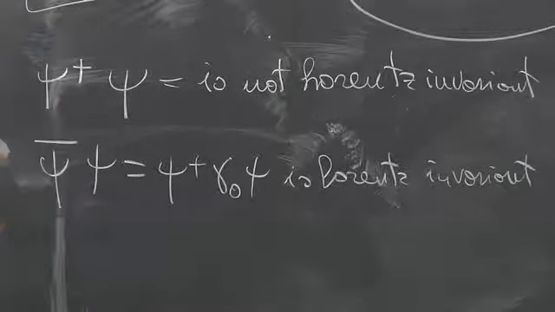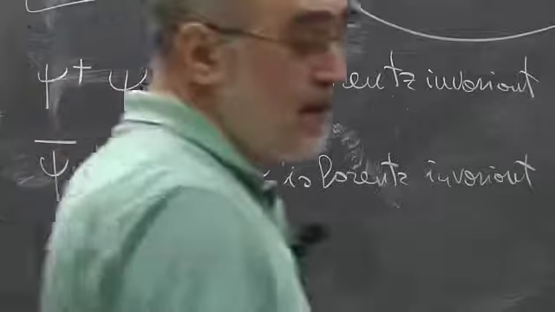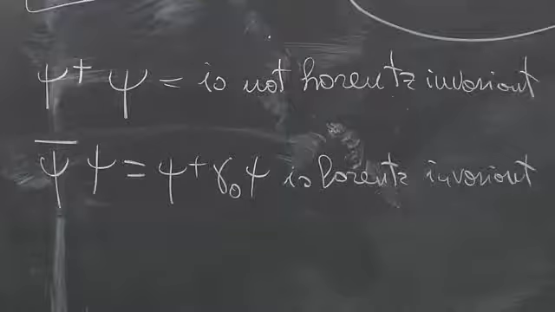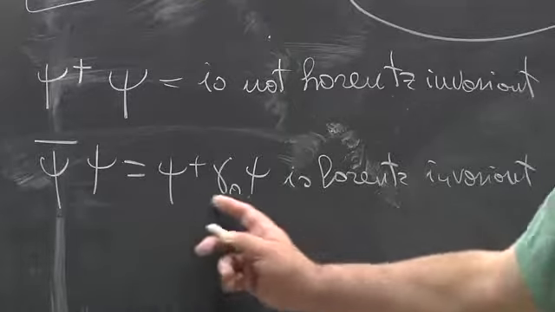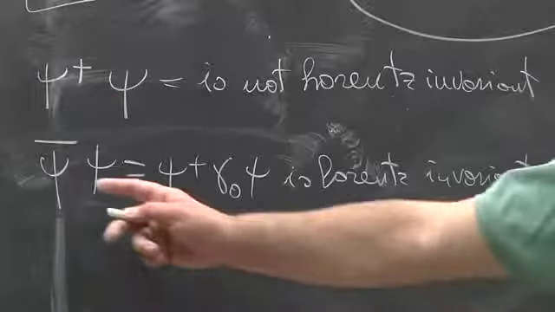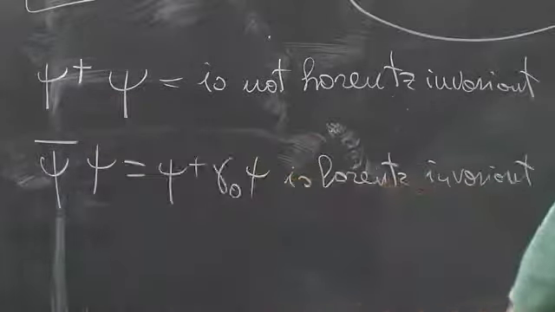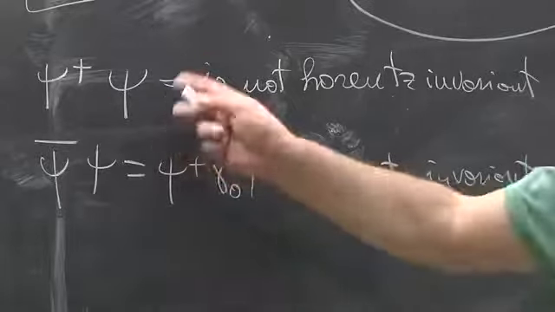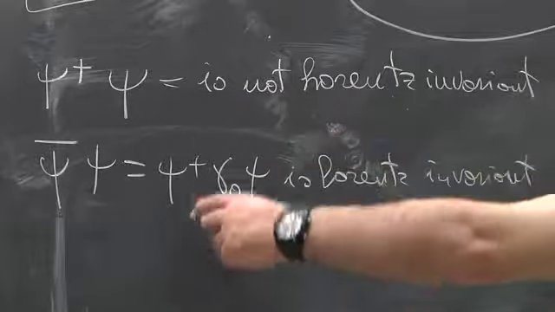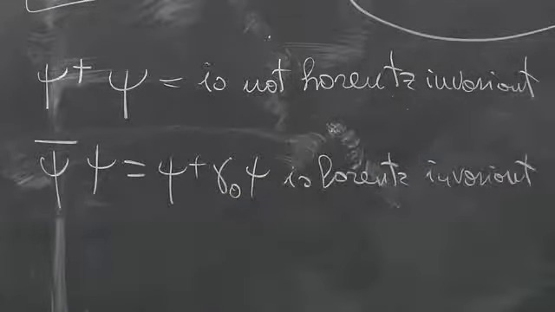This one is not. This is a very important point, that I can ask in the final exam. One simple question is, why is this not a Lorentz invariant? You have to do the Lorentz transformation and see that it's not. The crucial ingredient was this gamma 0, because that gamma 0 combined with the S dag allowed us to write S to the minus 1 because of that identity.